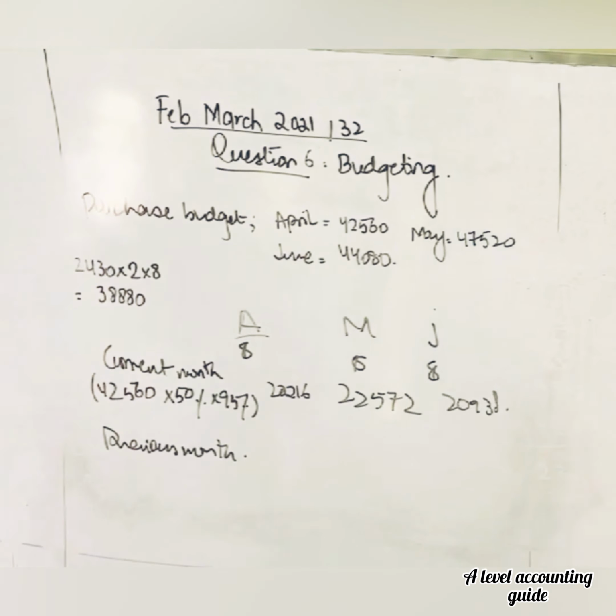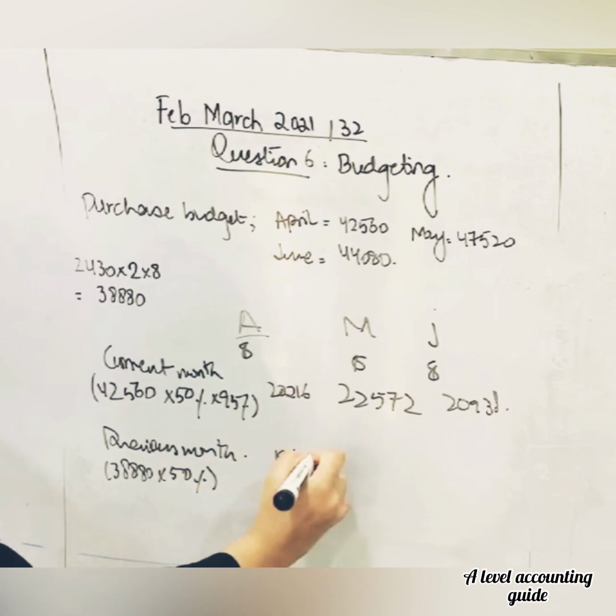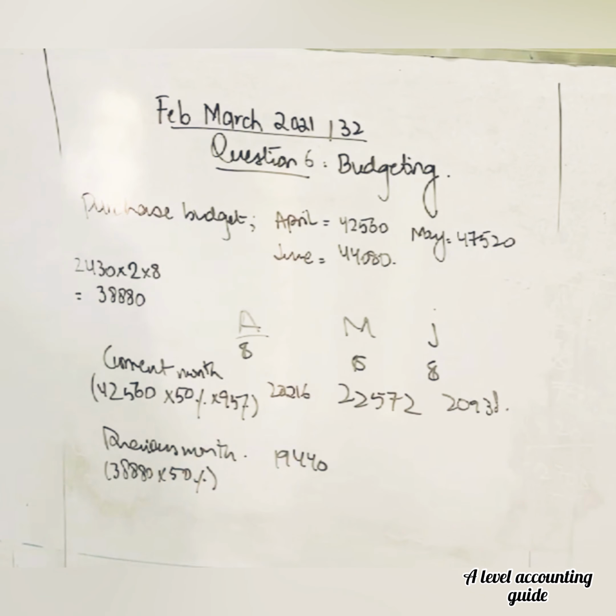Is that clear? As it is 38880, we are going to pay 50% of 38880 because that is for the previous month, and hence it will be 19440. You can total the amount that is supposed to be paid in April. April is 39656.